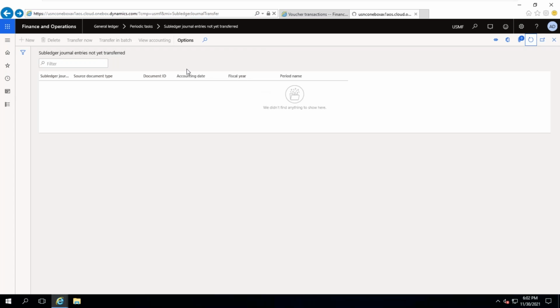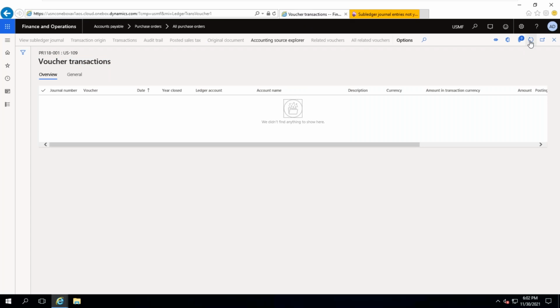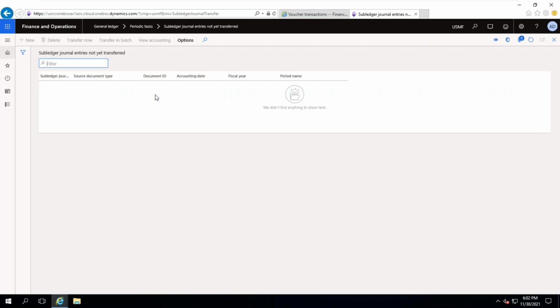Perhaps I have not enabled this parameter. Let me verify. I think it was not enabled. Can anyone guess the reason why it is not showing?